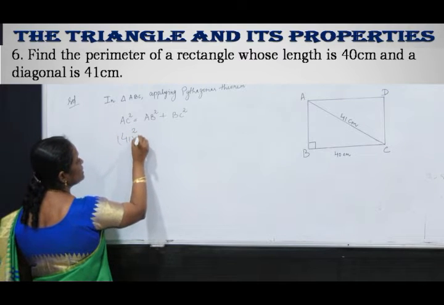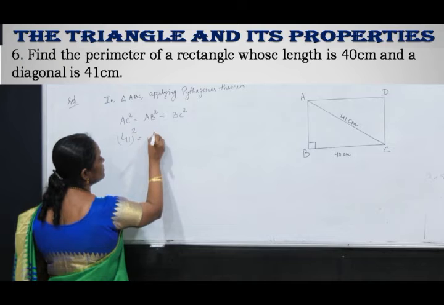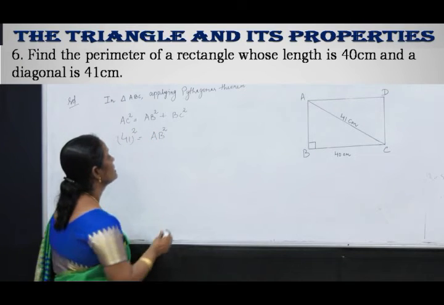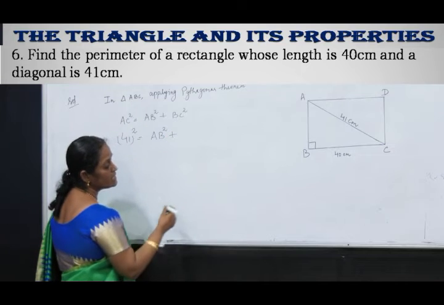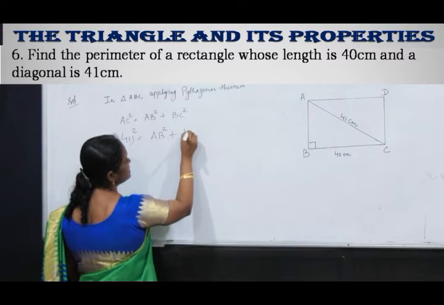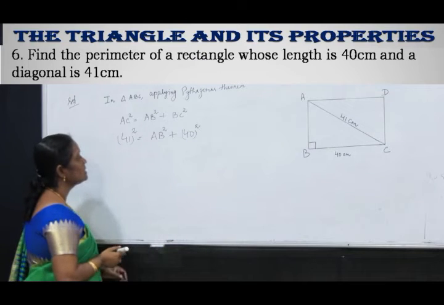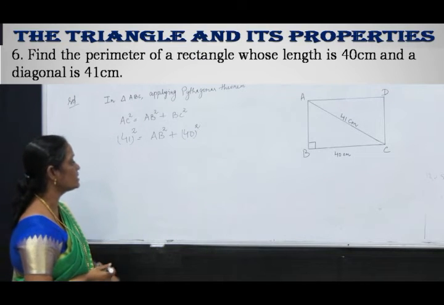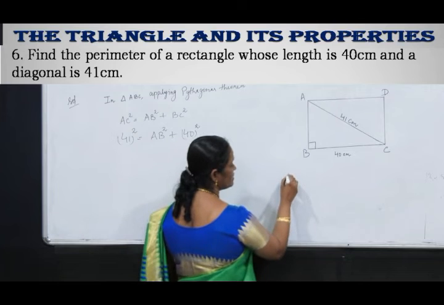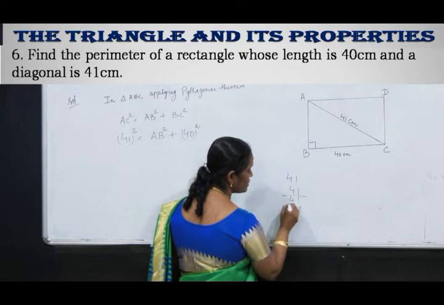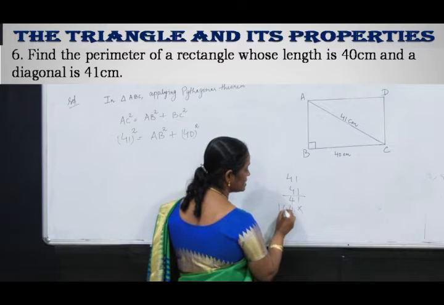So 41 square is equal to AB square plus BC square. We don't know AB, the breadth of the rectangle. BC is the length of the rectangle that is given, it is 40. So what is 41 square? 41 into 41: 1 1 is 1, 1 4 is 4, 4 1 is 4, 4 4 is 16.